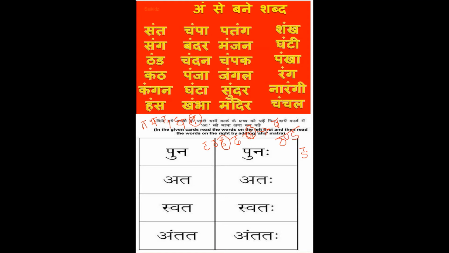In the same manner, khand, and you can read the remaining words. Kangan. Normally, it will make the na sound only. If you say the na sound, you will automatically get the pronunciation. That is one trick, children.